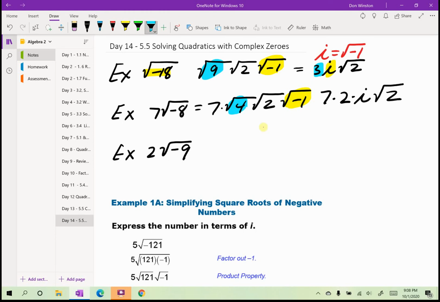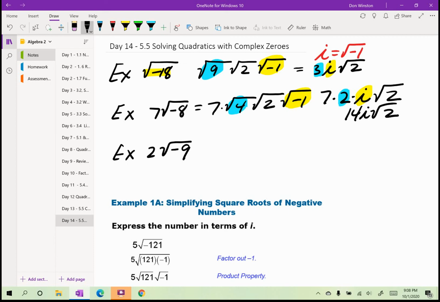Again, we took the square root of 4, we got 2, and the square root of -1 gave us i, and so 7 times 2 is 14, so we have 14i root 2. That's the final answer.